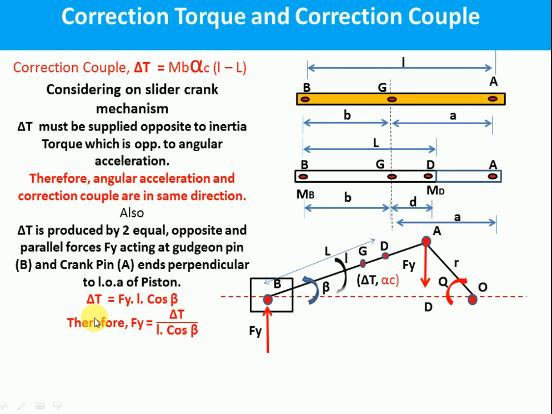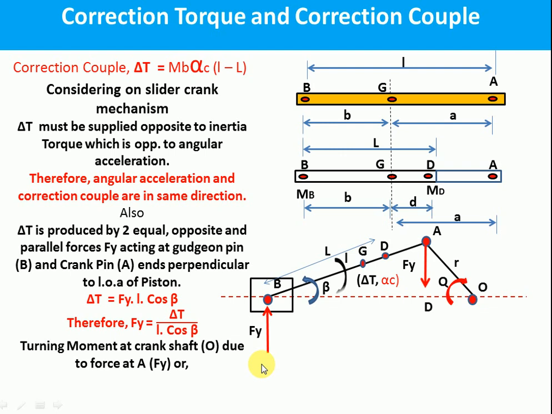Also, as there is a force at point A, and point A is on this crank OA, it will develop some torque on the crankshaft. The turning moment at the crankshaft due to the force at A, that is Fy, will be Fy into the perpendicular distance, that is R cos theta.